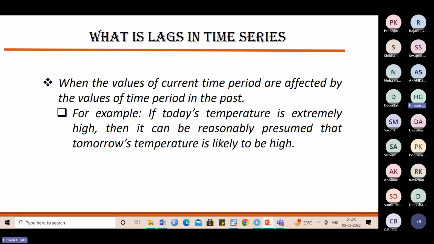So there can be n number of factors. Now the question arises that these factors are for the current date or for some previous date.